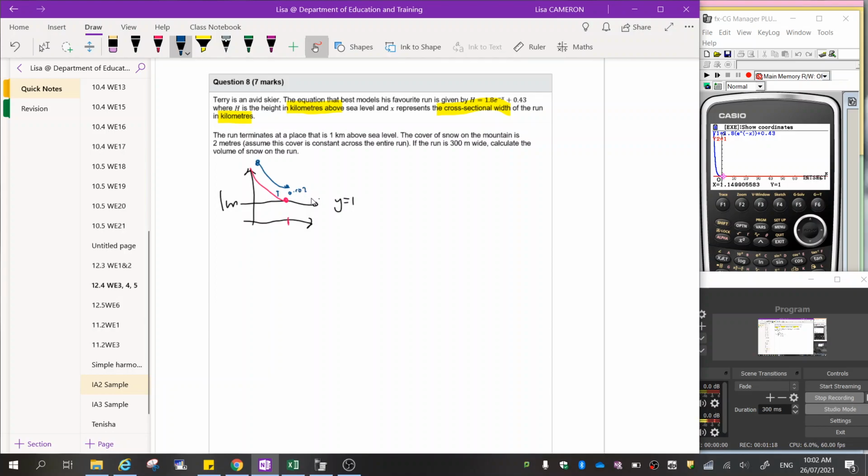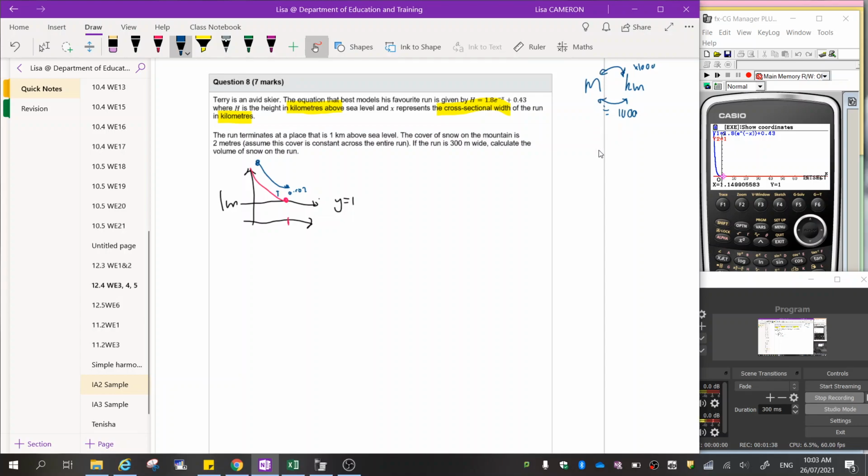0.002, because 2 metres, actually, let's double check that. Metres to kilometres is divided by 1,000. So we want to divide by 1,000. Wait, those arrows should go the other way.